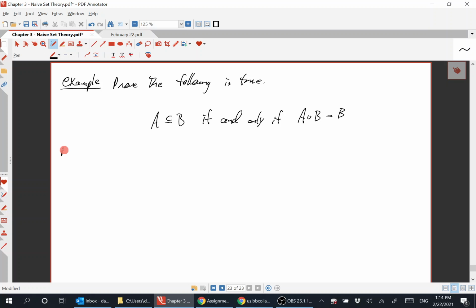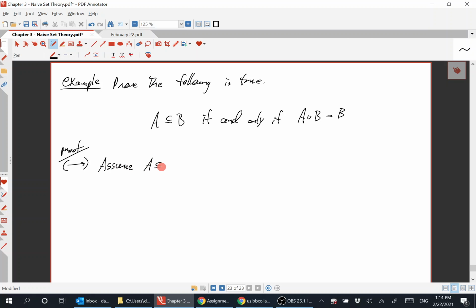Okay, so the proof will look this way, and this is one way it's often written. So there's going to be 2 proofs, an implication proof in one direction, and then the implication proof in the other direction. So I think we'll do them both direct proof.